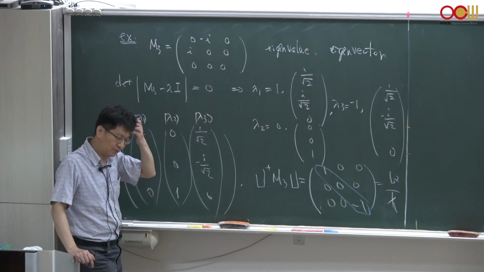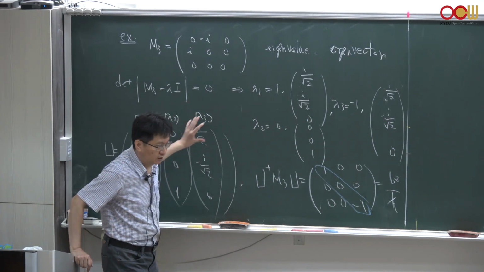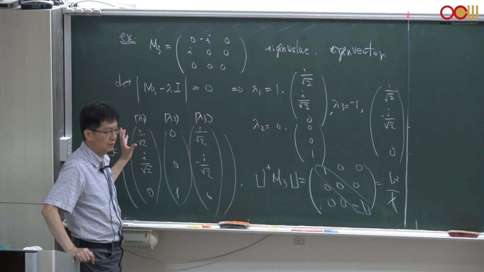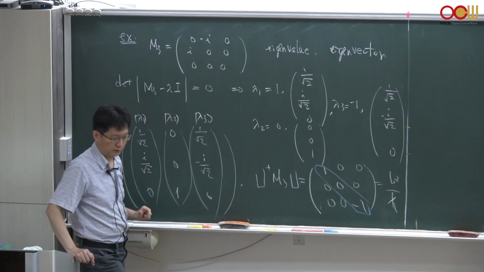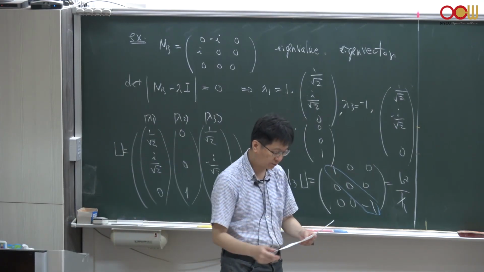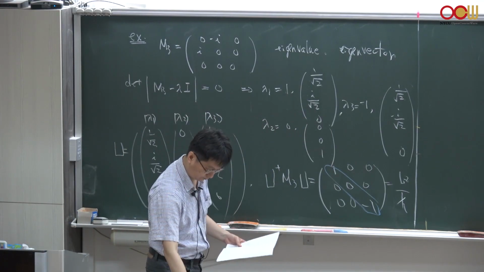So this is just a simple exercise. In general, you could follow the same procedure to find all those eigenvalues, eigenvectors, and the unitary matrix that diagonalize the operators in matrix form. So now let's look at this matrix representation of the angular momentum operator.